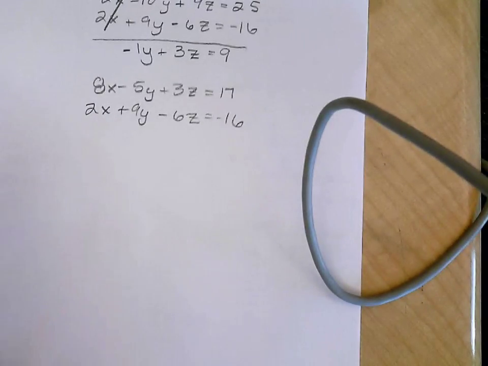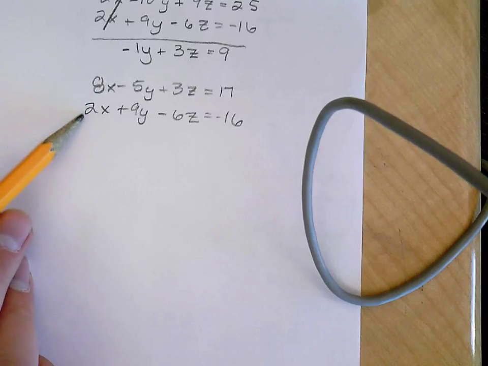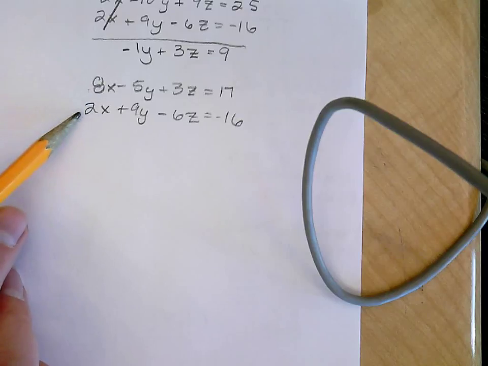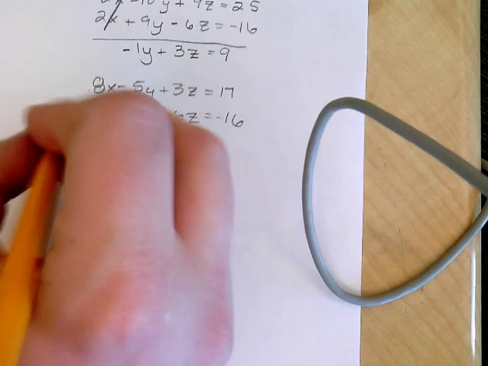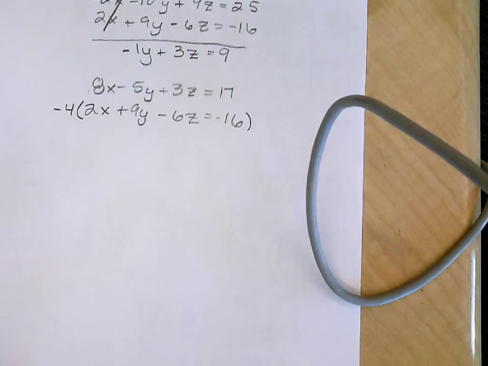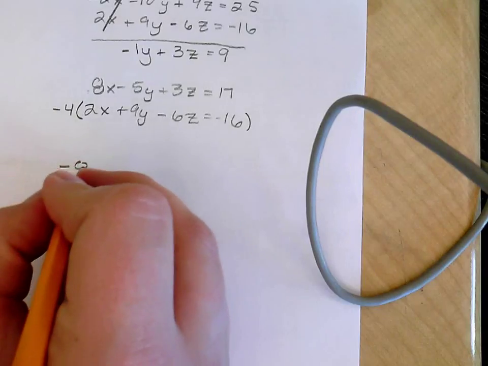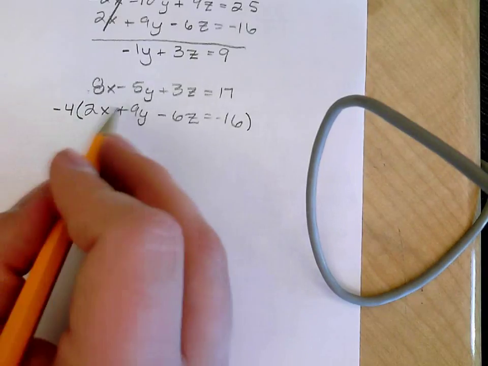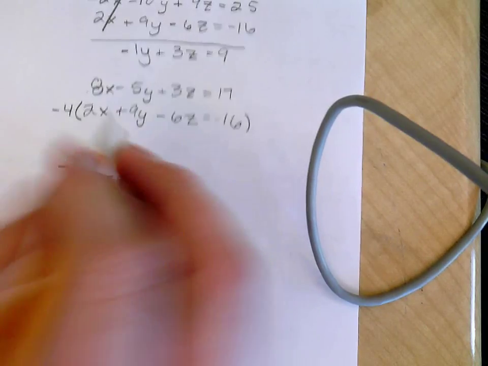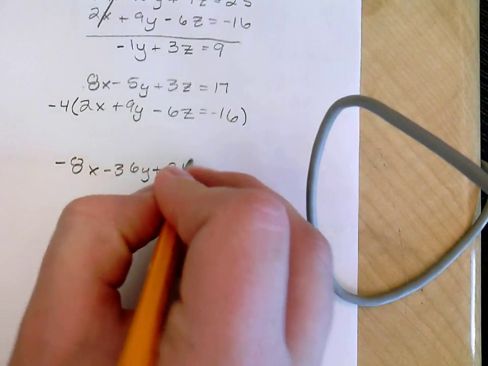Now I need to make this 2 into the opposite version of this. So I know 2 times 4 will give me 8, but since I need an opposite, meaning a -8, I'm going to have to do a -4. Because -4 times a positive 2 gives me what I want. So -4 times 2 gives me -8. -4 times positive 9 gives me -36y. -4 times a -6 gives me a positive 24z.